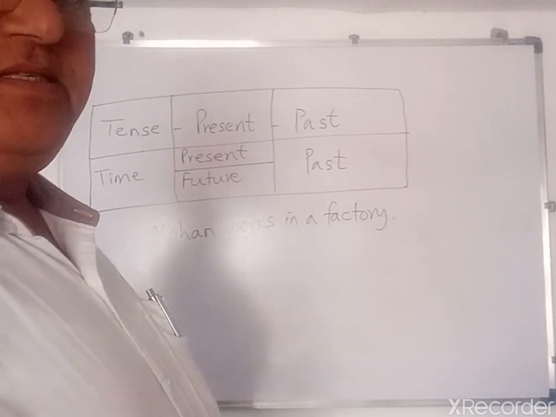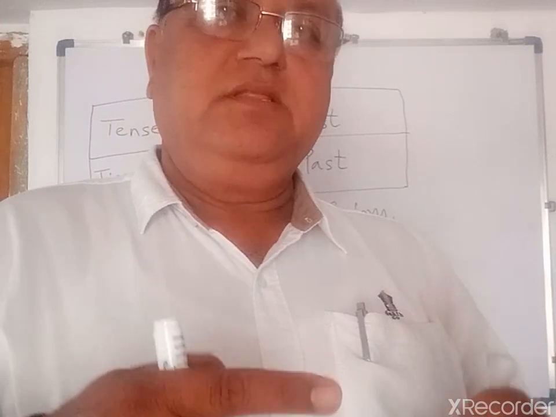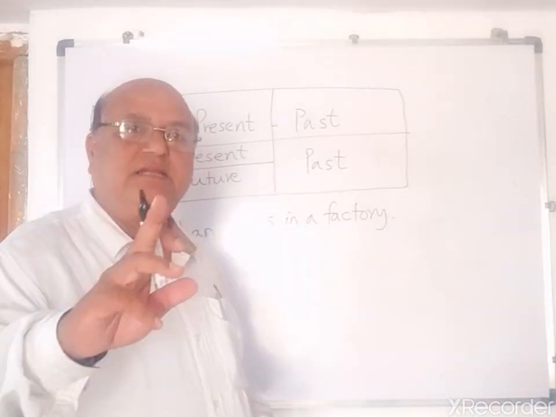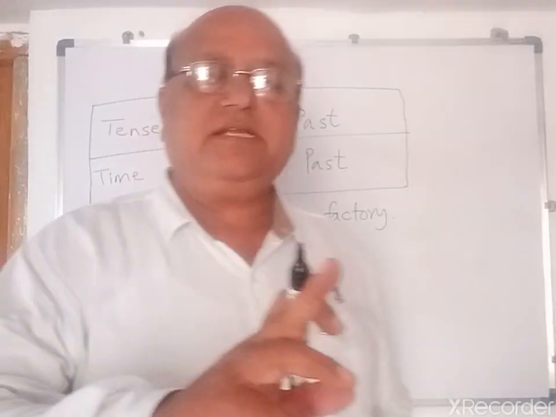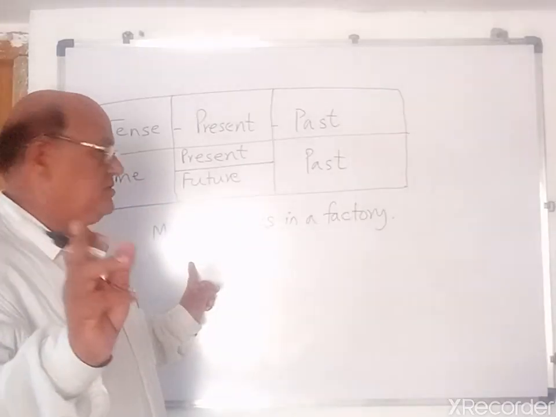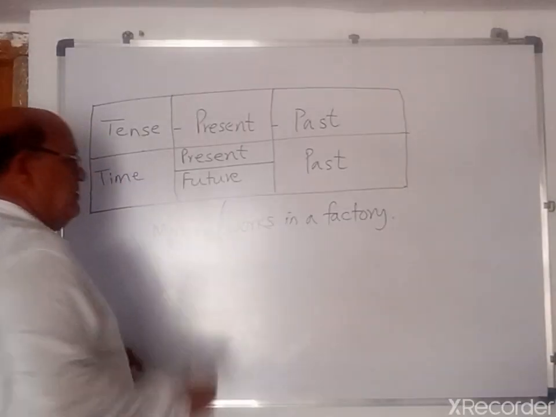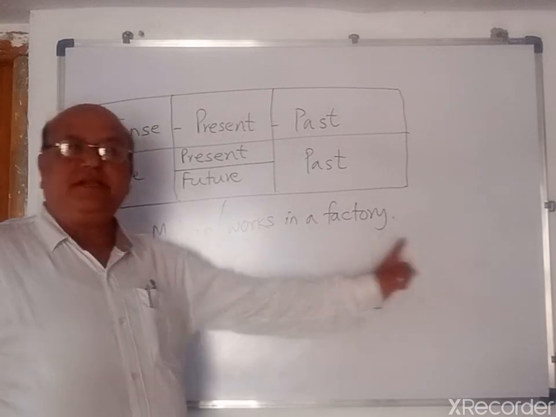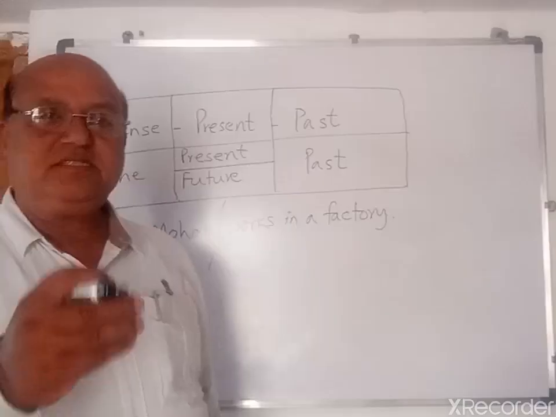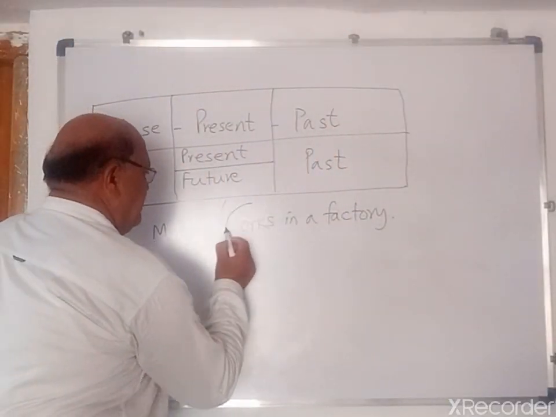In this sentence, let us remember the lesson from the beginning. Class 9, first chapter, subject and predicate. Divide this sentence into two groups, subject and predicate. In the predicate part, the first item is the verb.